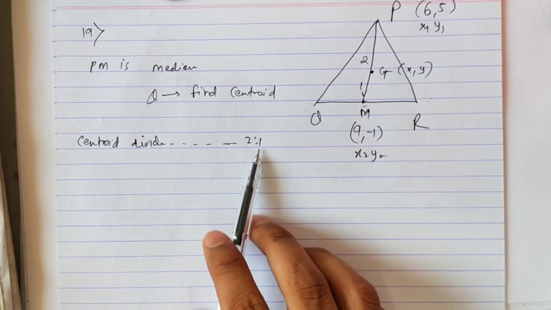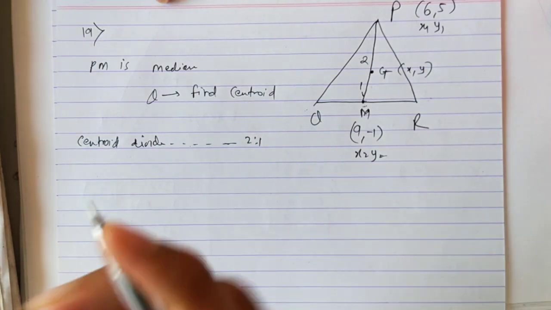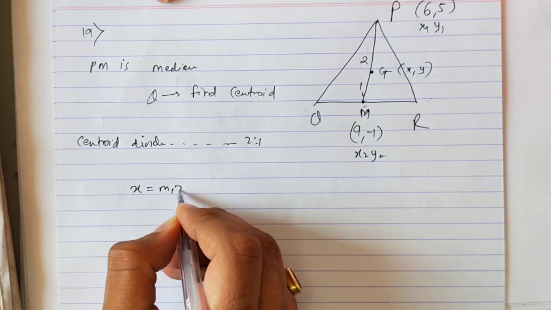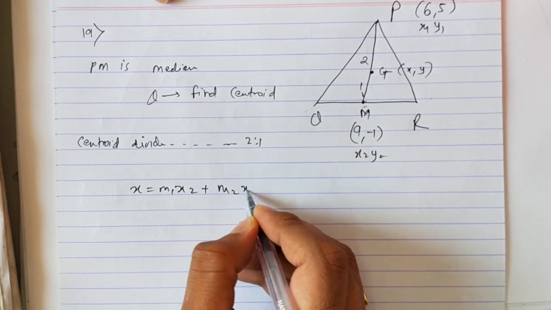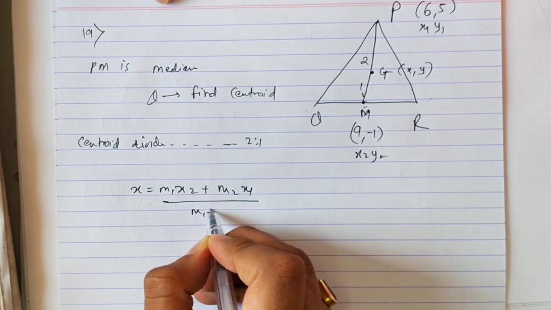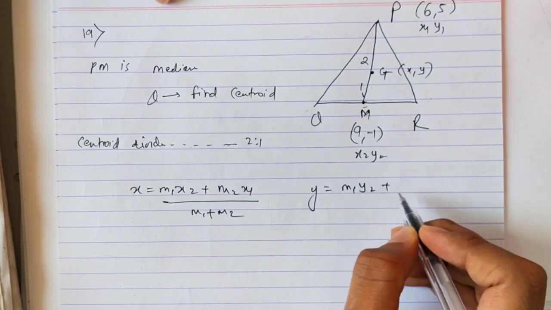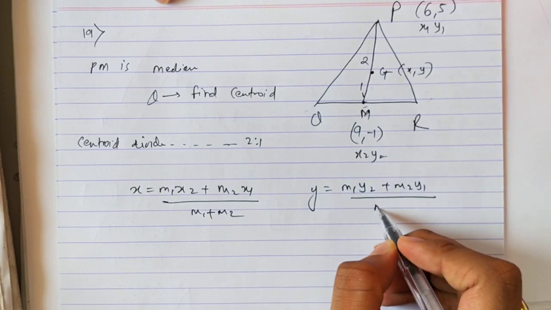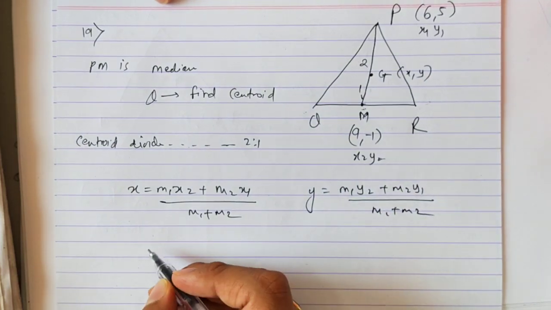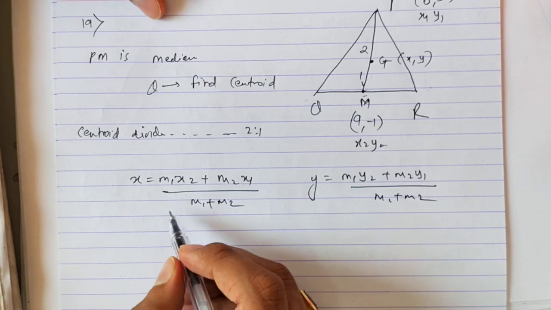Apply the formula that x is m1 x2 plus m2 x1 upon m1 plus m2, and similarly y. Let's substitute the values.